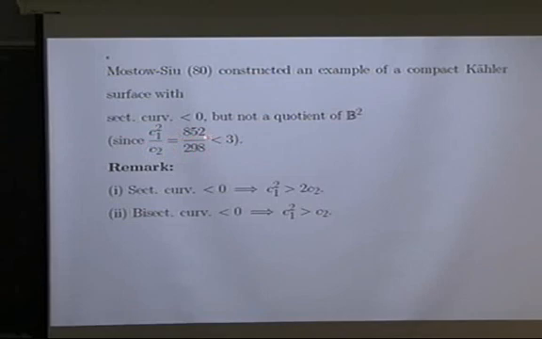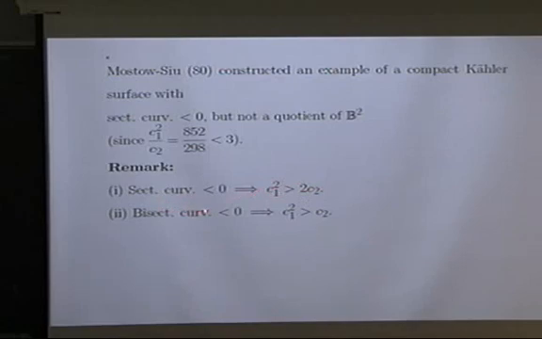But what is interesting is that this is bigger than 2. It's between 2 and 3. In fact, the fact that it's bigger than 2 is really a must, because in general one knows that if you have a compact Kähler surface with negative sectional curvature, then C1 squared has to be bigger than 2C2.